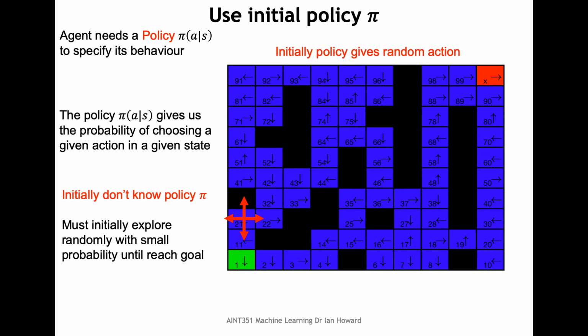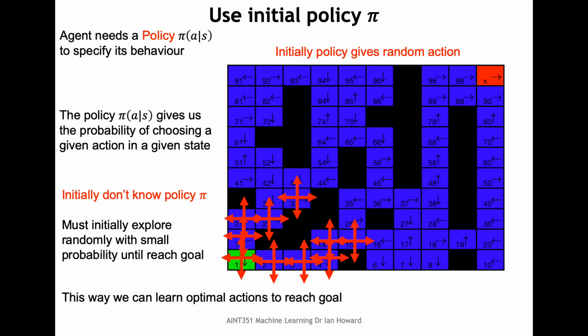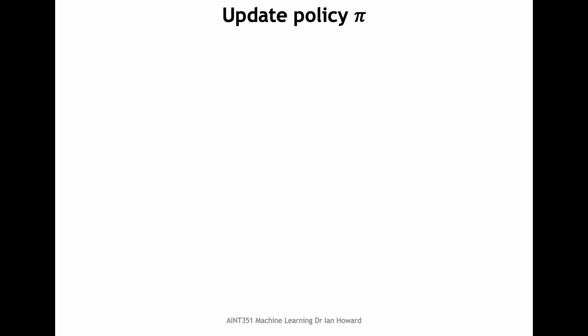So what we do is we'd start going to a state and then randomly choosing actions which were legitimate, like this, and see what happens from it. And in that way, we can actually learn optimal actions.